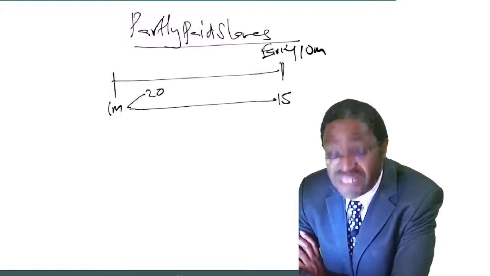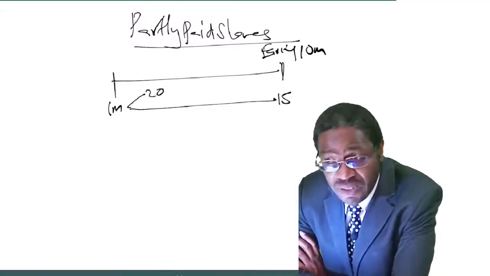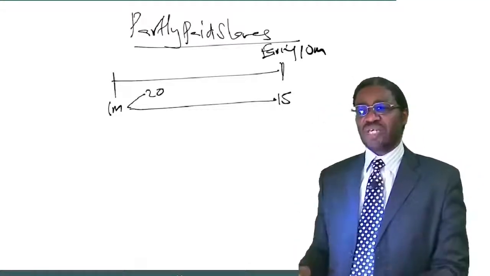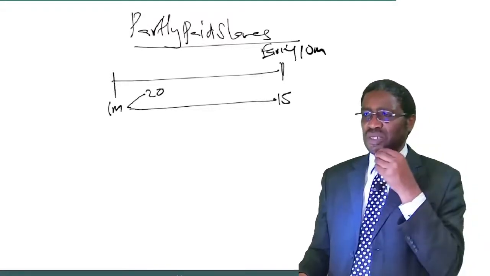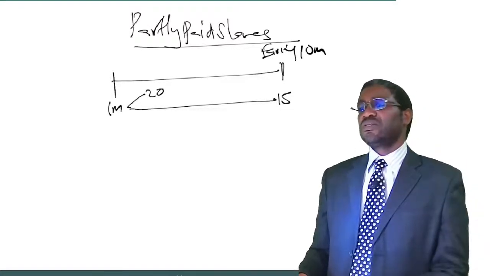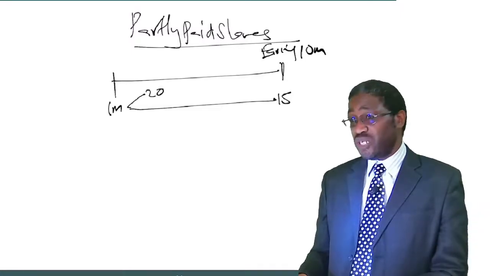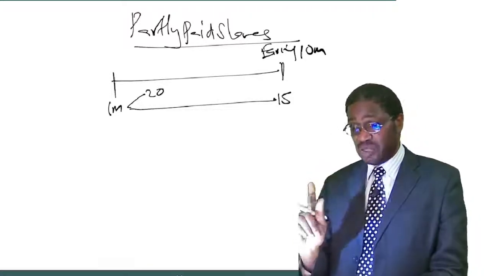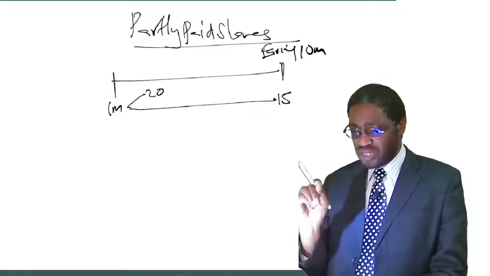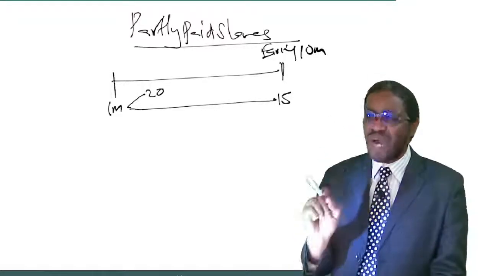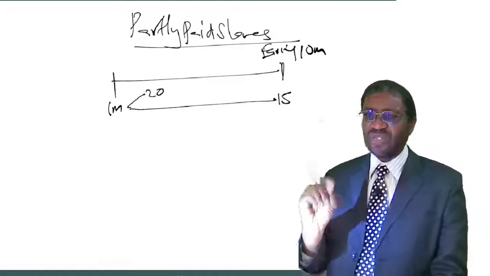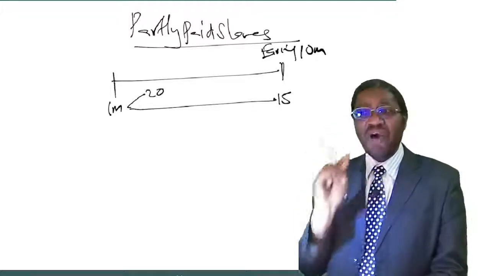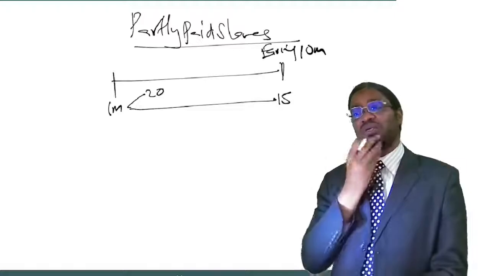In other words, like in this case, we issued 1 million shares, I'm assuming at the beginning, at 20 shillings, but come the end of the year, the shareholders had only paid us 15. So when I'm computing the basic EPS, I only consider out of the 1 million, how many of them are deemed to be fully paid?